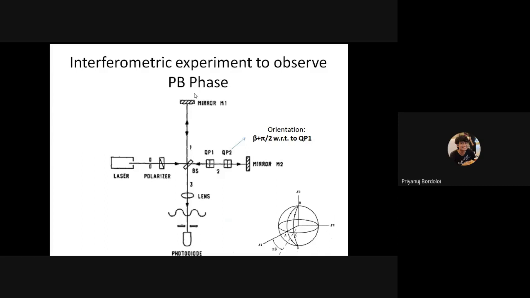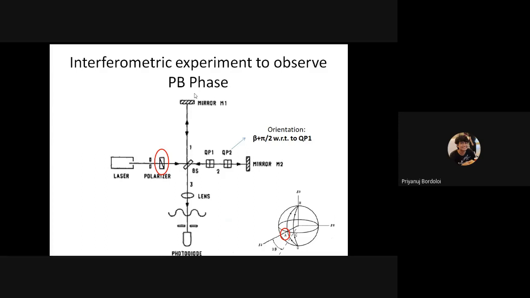The second quarter wave plate is rotated at pi by 2 plus beta. The angle will make sense when I tell you the results, but it's oriented in such a way for a very particular reason.